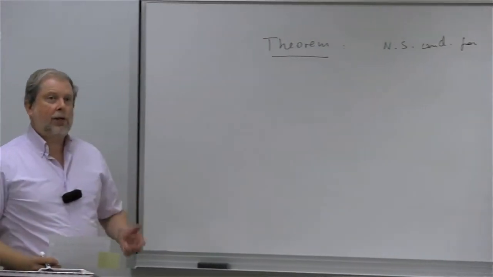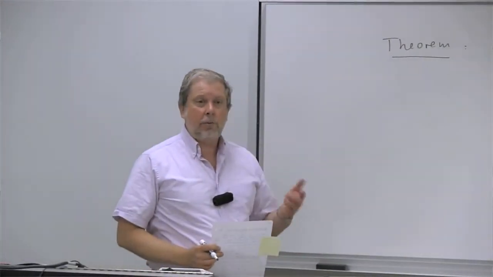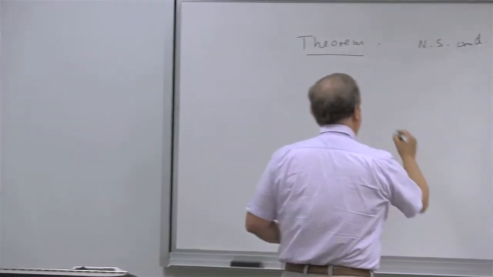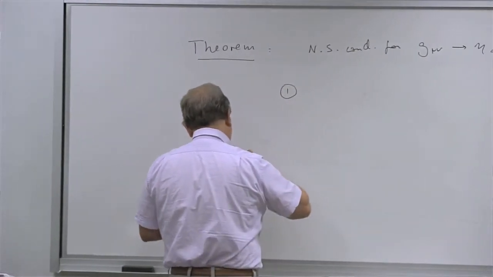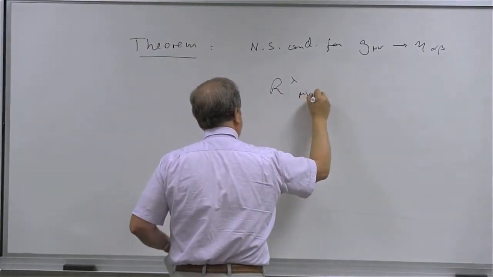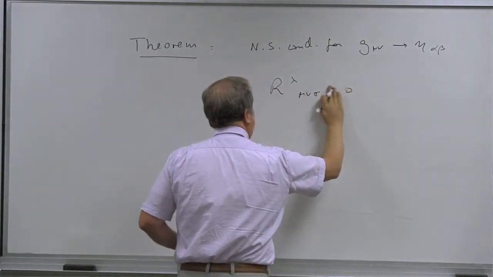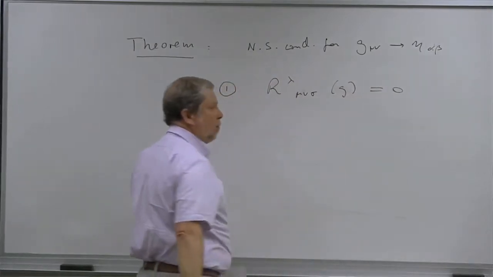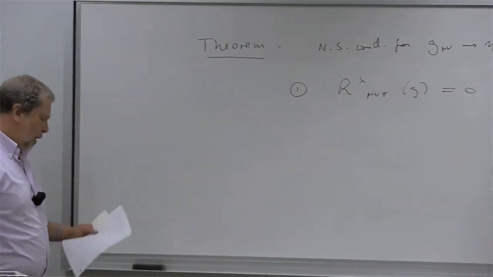So what are the necessary and sufficient conditions for space-time to be flat at a given point? Well, there are 2 of them. The first one is that the Riemann tensor has to vanish, R lambda mu nu sigma equal to 0. And that, of course, is a function of the metric, so it implies some sort of constraint on the metric.